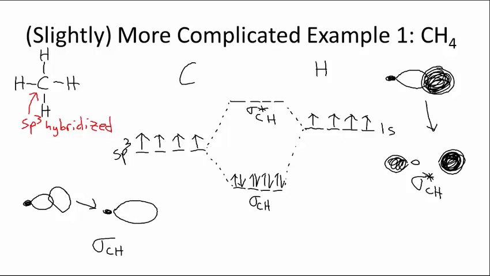And the antibonding orbitals play a vital role in making good predictions. So, for now, you just have to imagine, okay, they're there, or I can at least pretend that they're there, and that'll help us make predictions. All right, so this is what a splitting diagram for CH4 might look like.